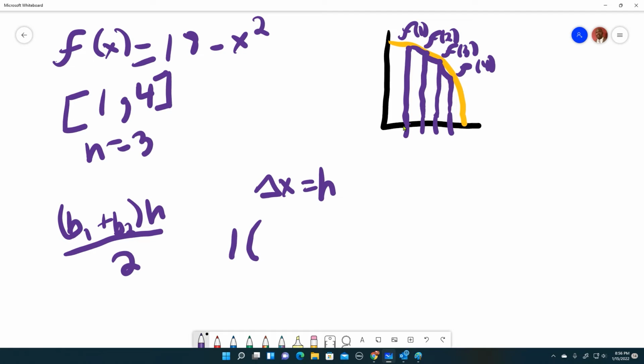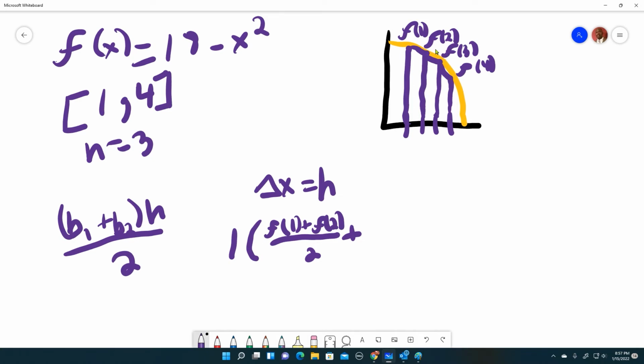So this is the height that you see in the formula, delta x here in front. All that's left is B1 plus B2 over 2. In this first subinterval, B1 and B2 are f of 1 and f of 2. So we'll have f of 1 plus f of 2 over 2, plus, now we're at this next trapezoid.